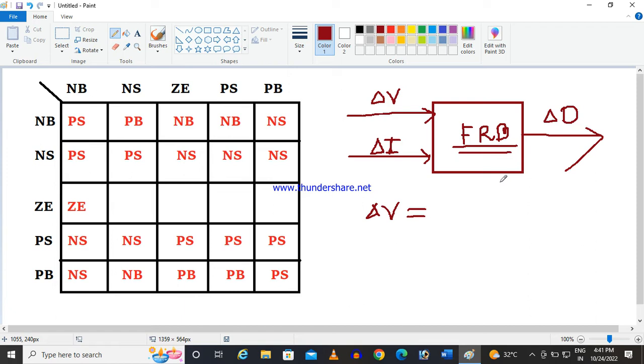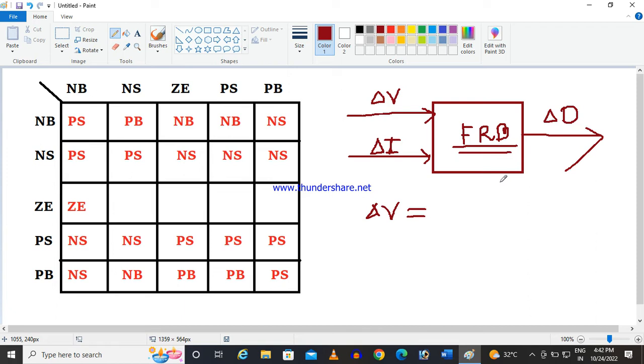In terms of power electronics, this cycle is called the switching frequency. Say I am selecting the switching period of the controller as 1 millisecond.